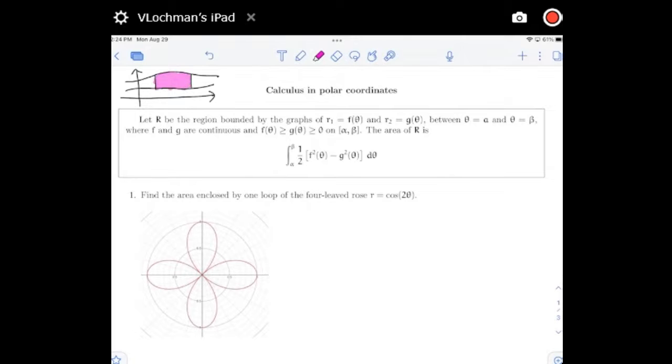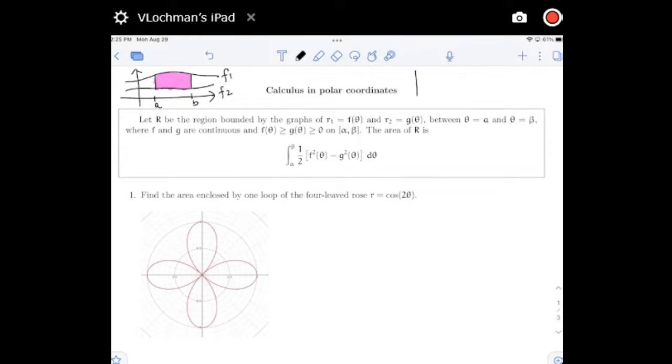We looked at that area right here, and we said, what is it? It's the integral from a to b of the difference, f1 minus f2. Think about it as top function and bottom function.